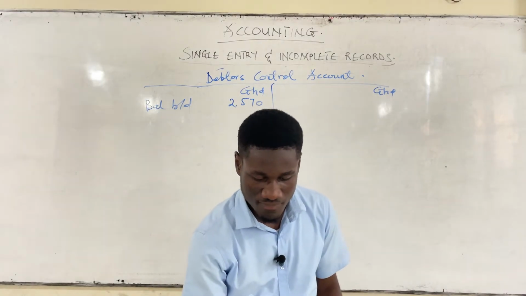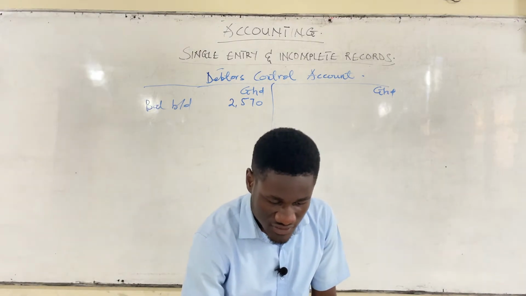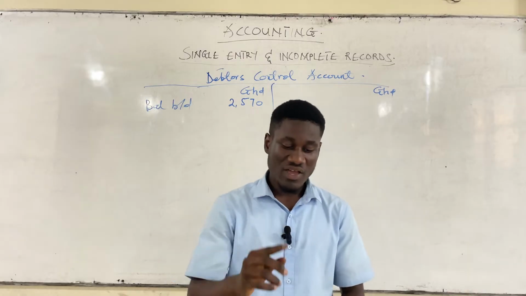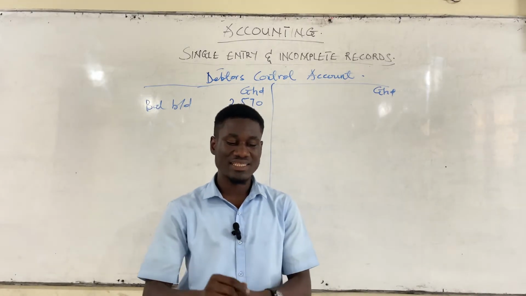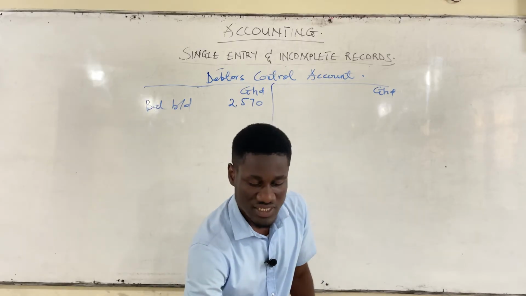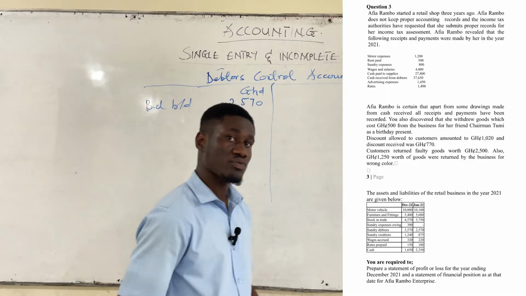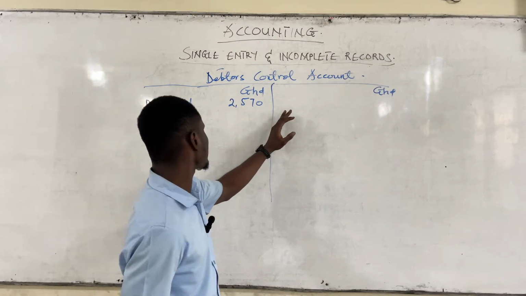Then we check in the question, it says cash received from debtors. Efia reviewed that the following receipts and payments were made by her in the year 2021. We could see some cash received from debtors in the question. That means that we received cash from our debtors. So it's going to what?